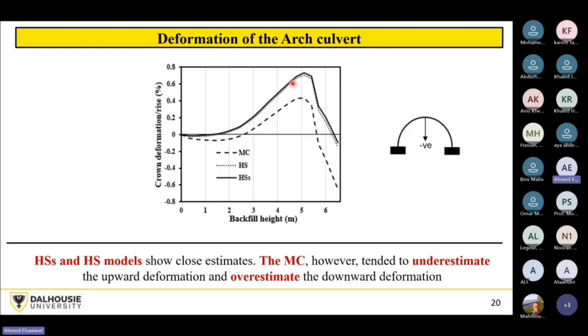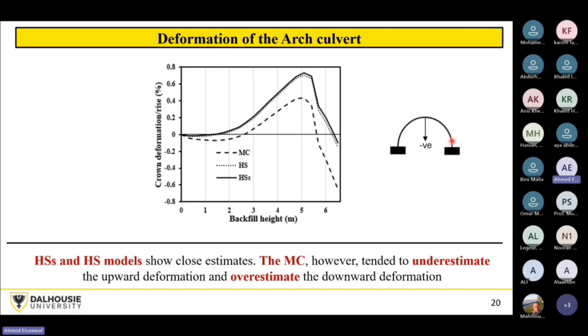As you see here, the HS model and HSS model typically give very close estimates. But the Mohr-Coulomb model is affected by the stiffness values assigned to the soil, and by the fact that any strains developed due to the compaction will be reversed again after removing the compaction. So the arch will rebound.